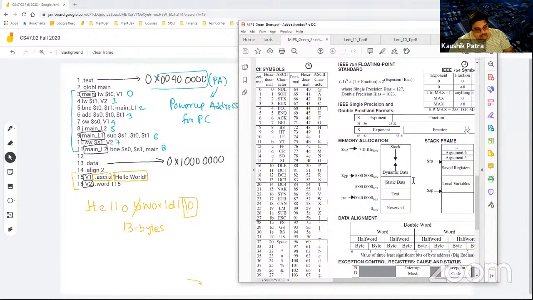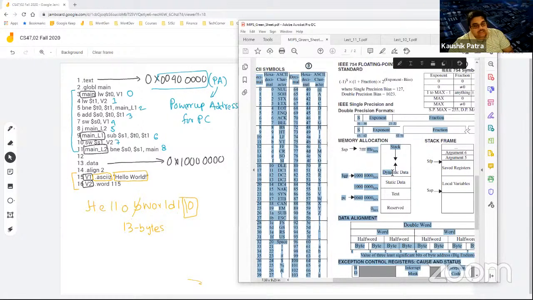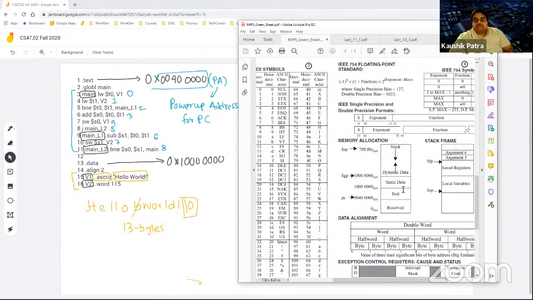It will be somewhere here, covering this part, and after that the static data gets populated. I think it starts from 10010000. It all starts from that in MARS by default. But if the problem doesn't give you any hint, you assume this memory alignment suggestion. Make sense? Okay, yeah.